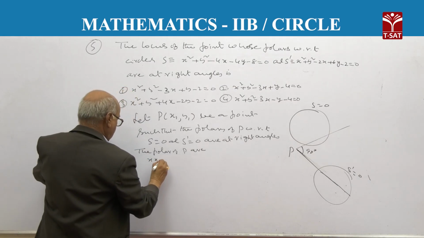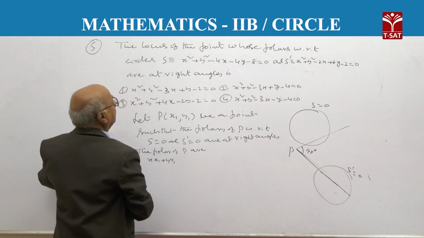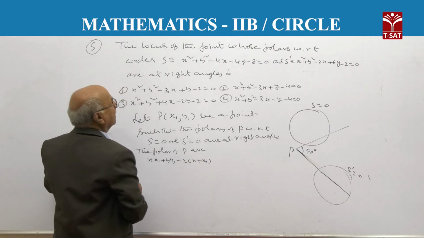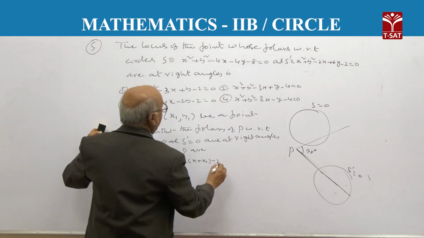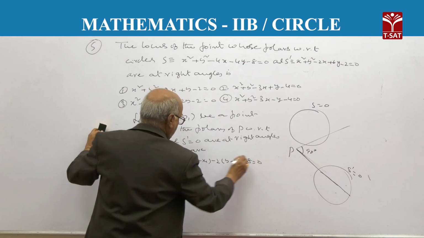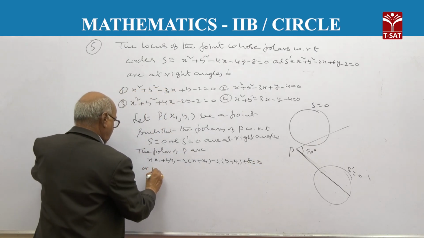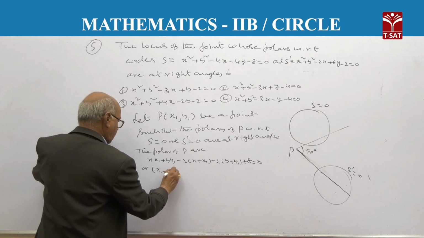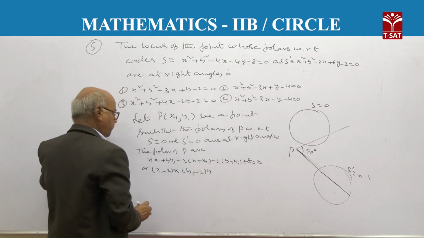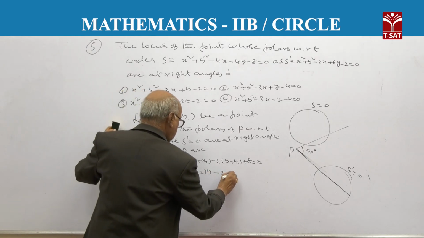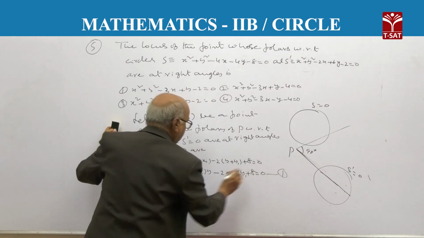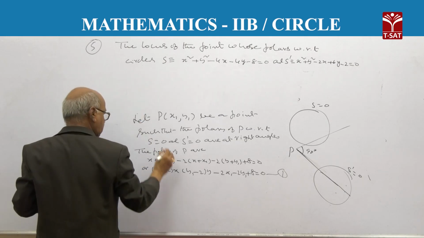S1 is x x1 plus y y1 minus 2 into (x plus x1) minus 2 into (y plus y1) plus 8 equal to 0, or (x1 minus 2) into x plus (y1 minus 2) into y minus 2x1 minus 2y1 plus 8 equal to 0. Number 1, this is S1.